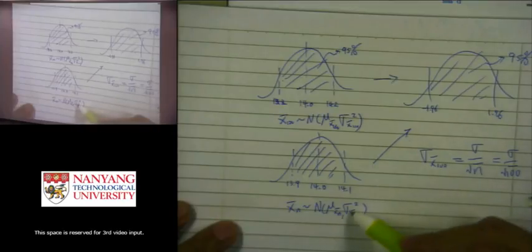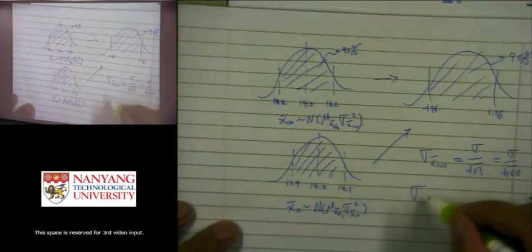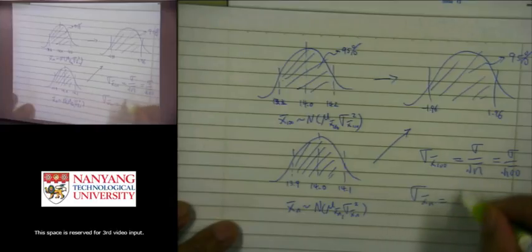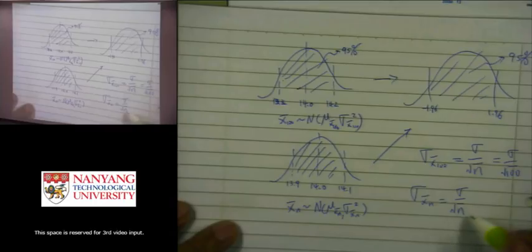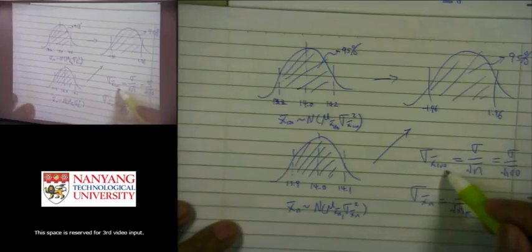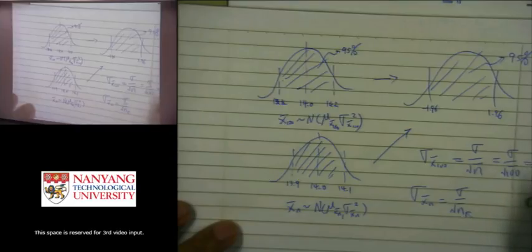And in this distribution, the sigma X bar n equals sigma divided by square root of n. What is the value of n here? This is the unknown, right? We want to get this value.